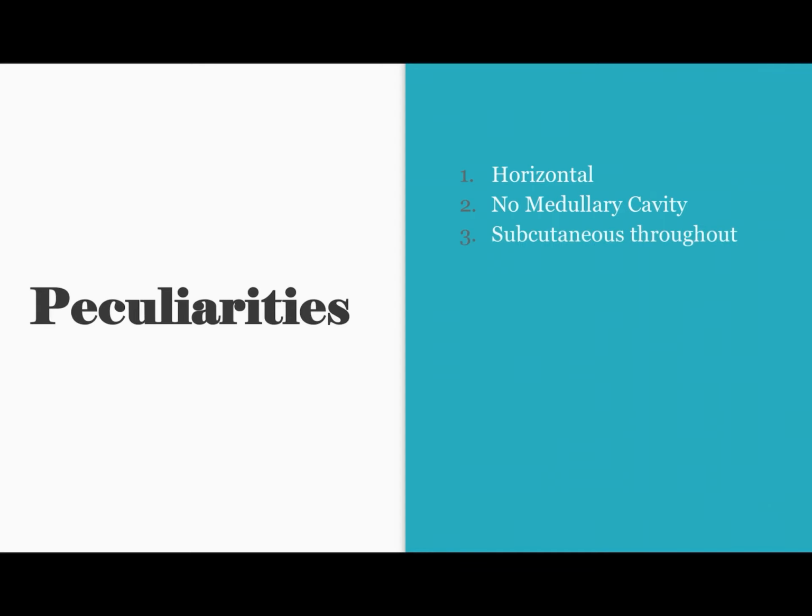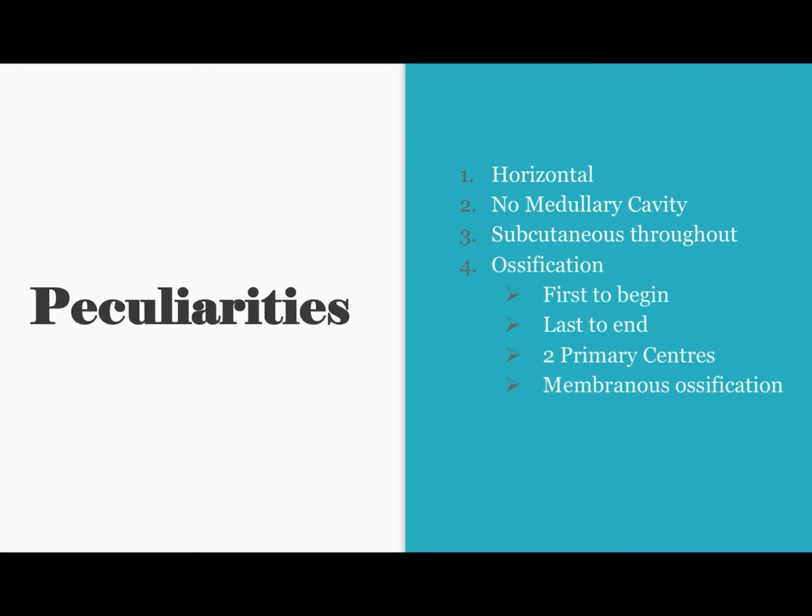It is subcutaneous throughout. A few important points of ossification: it is the first bone to begin ossification, the last bone to finish ossification. It has two primary centers of ossification, which is very peculiar, and most of the bone is ossified via the membranous ossification process, except the medial end, which is ossified via the endochondral ossification.